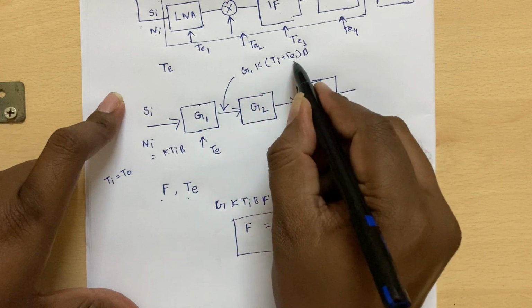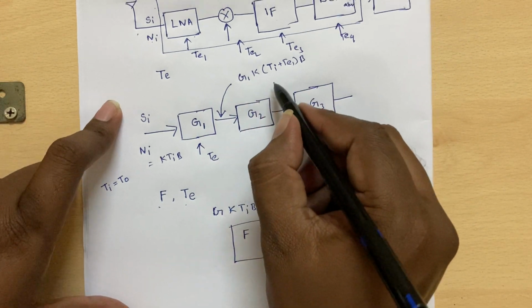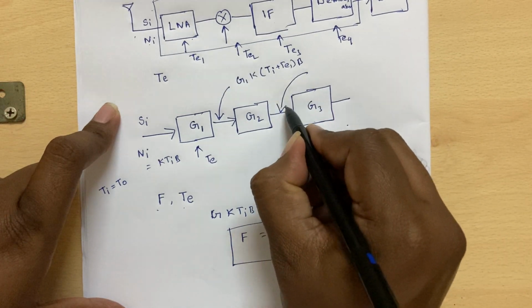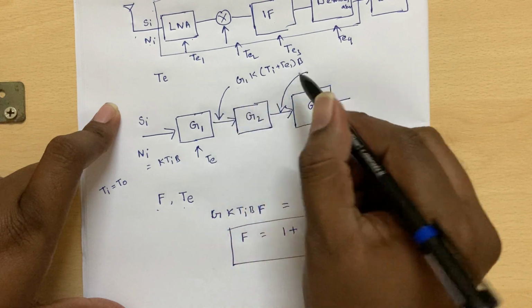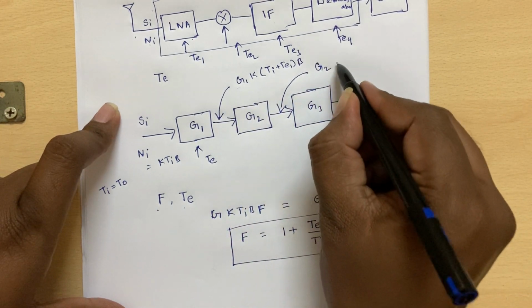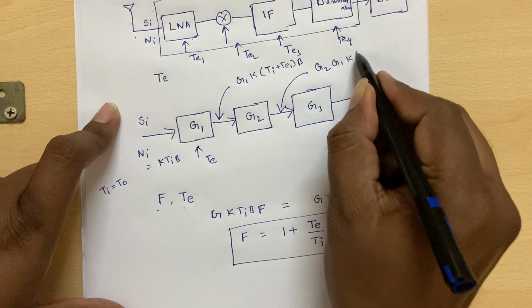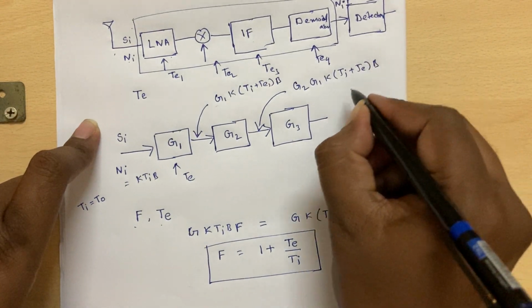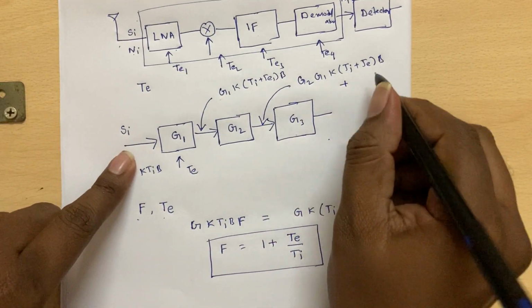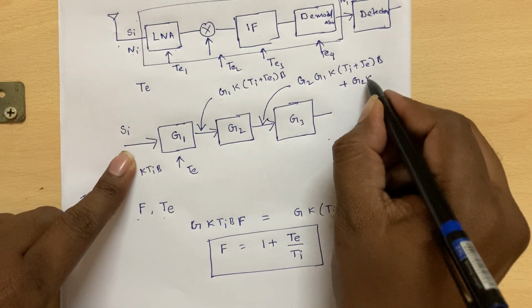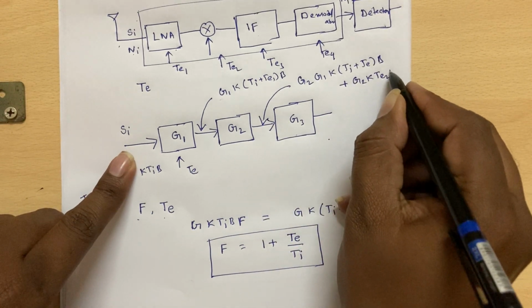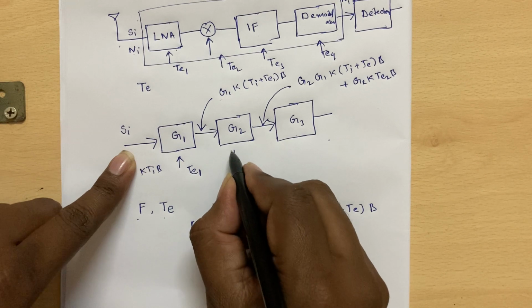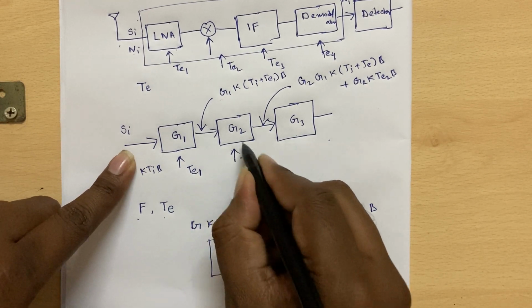Similarly, at the next output, the previous noise is multiplied by G2: G2 into G1 K (Ti plus T1) into B, plus G2 into K T2 into B, because T2 is the noise temperature of this block.